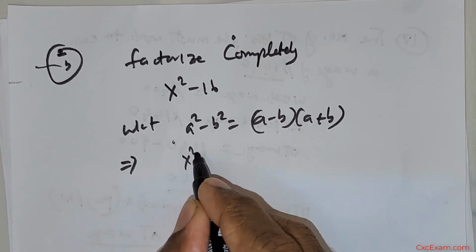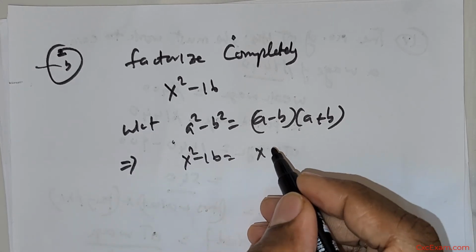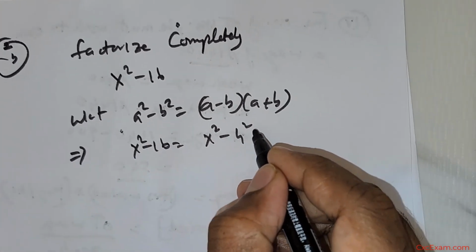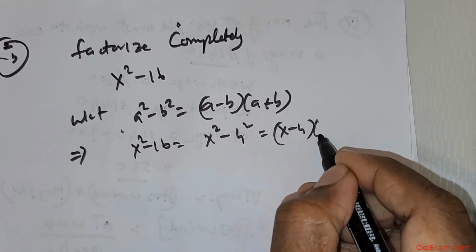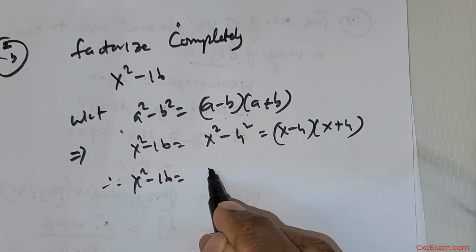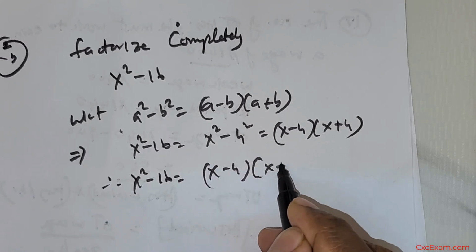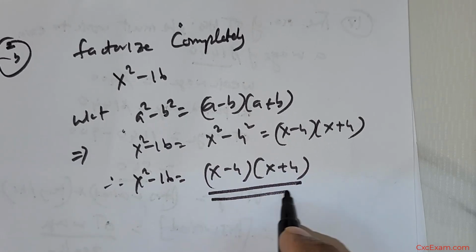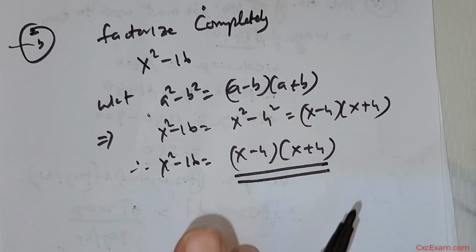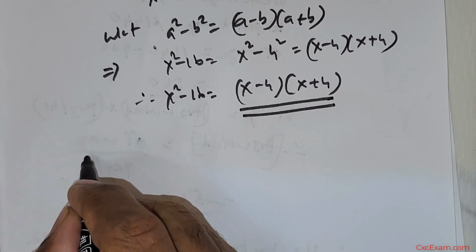So this would mean x squared minus 16 can be rewritten as x squared minus 4 squared. From here it's going to be (x - 4) times (x + 4). So this is the factored form of x squared minus 16. Okay, fair enough. Let me move on to the next question.